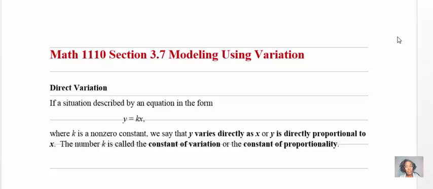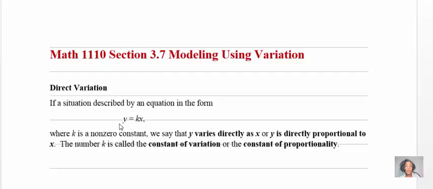So variation is modeled with an equation that shows us a relationship between how two things are changing. Now, in direct variation, it turns out that as x gets bigger, y gets bigger. An example of direct variation would be if you are being paid hourly.